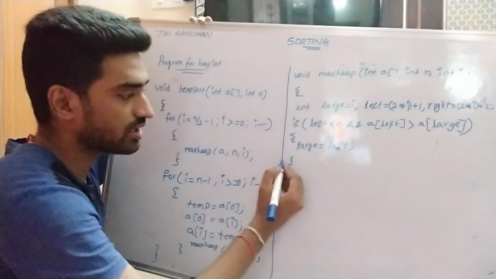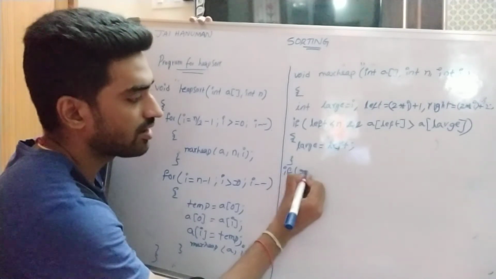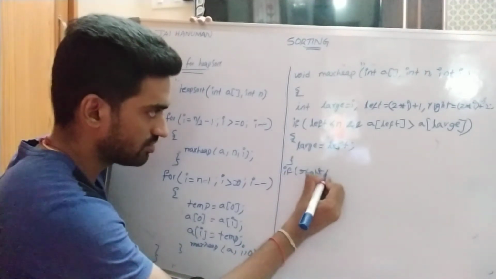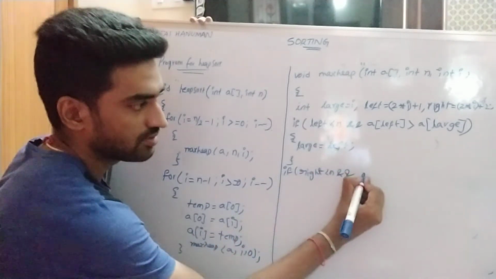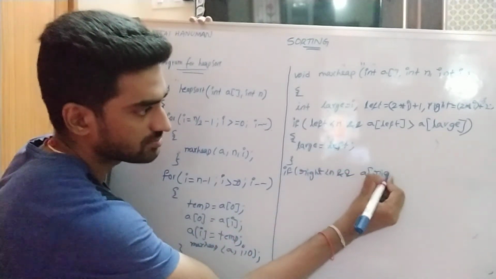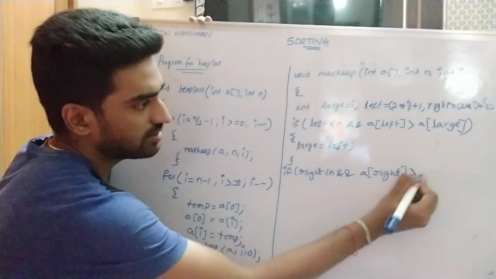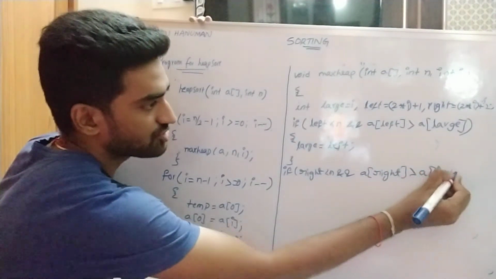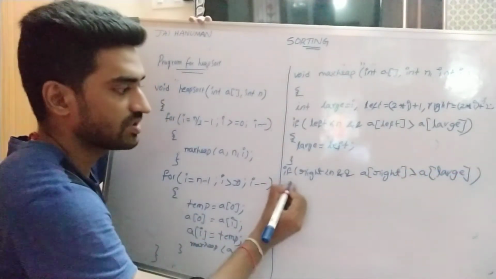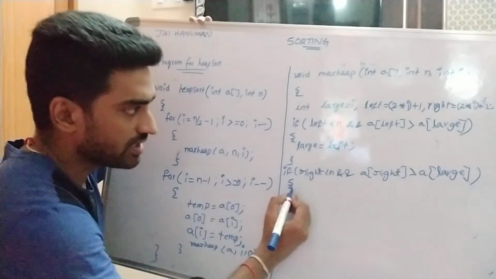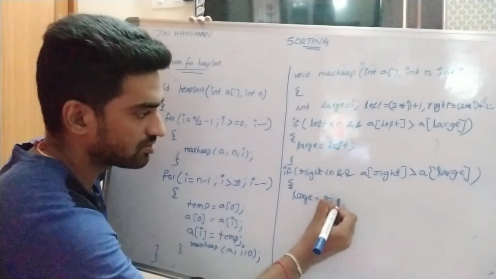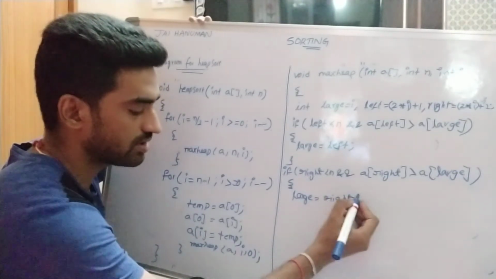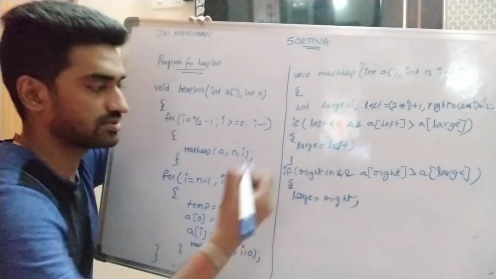Otherwise, we are checking one more condition. If right less than n, logical and a of right greater than a of large, then large is equal to right.